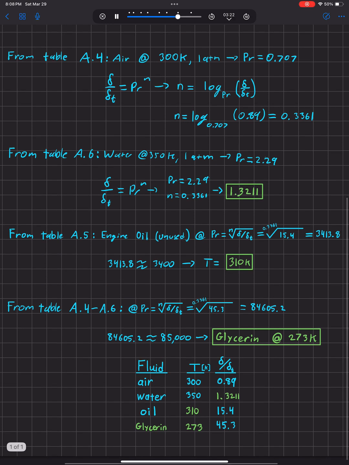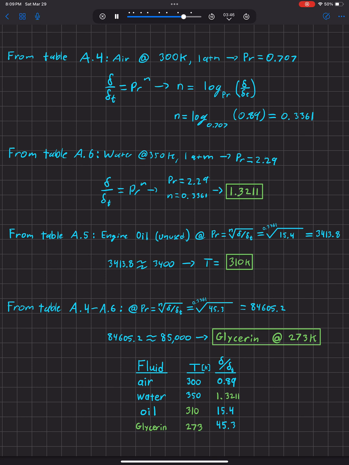Finally, for the unknown fluid, we're going to look at a couple different tables. We know that the Prandtl number will be equal to delta over delta T to the nth root. And from this, again, we are given that the delta over delta T is 45.3. We find that the Prandtl number will be 84,605.2.